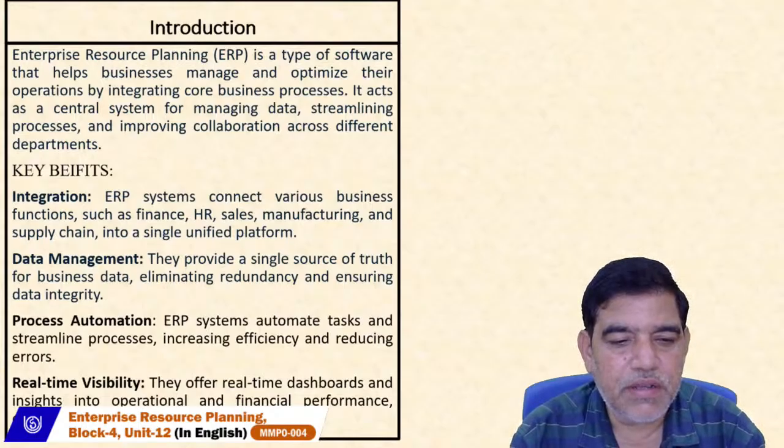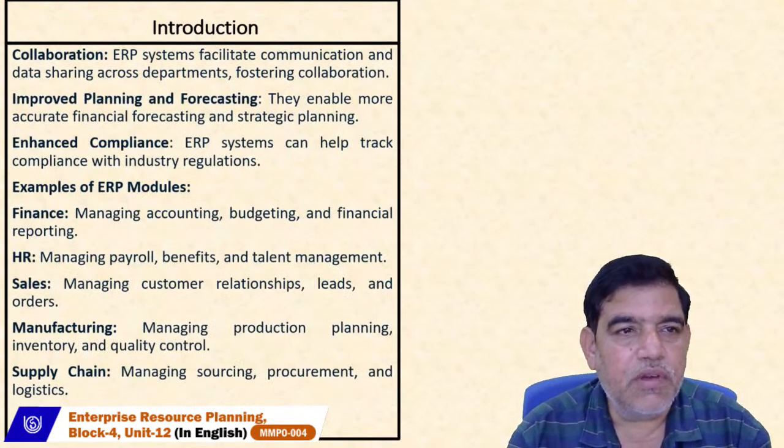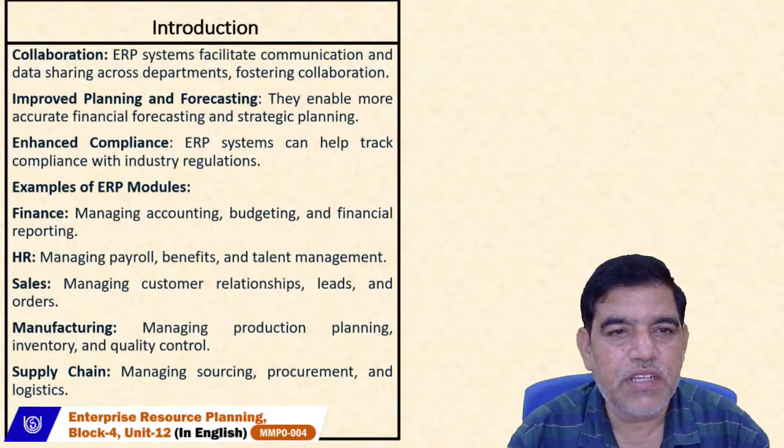Real-time visibility. They offer real-time dashboards and insights into operational and financial performance, enabling better decision making. Then collaboration. ERP systems facilitate communication and data sharing across departments, fostering collaboration.